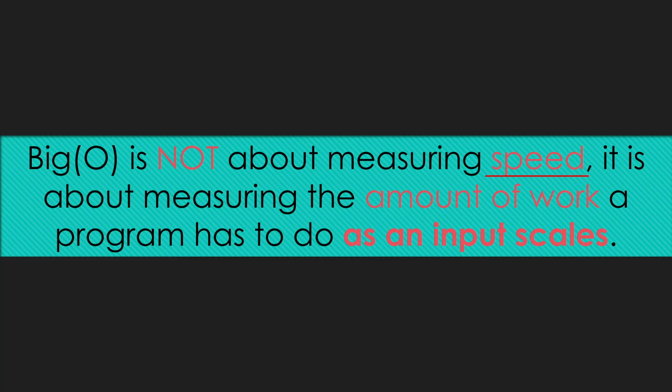No, no, no, no. It's actually measuring the amount of work, the steps that the algorithm is going to take from getting the input to producing an output. So the amount of work that the algorithm is going to do as the size of the input increases. That is what Big O notation is about.